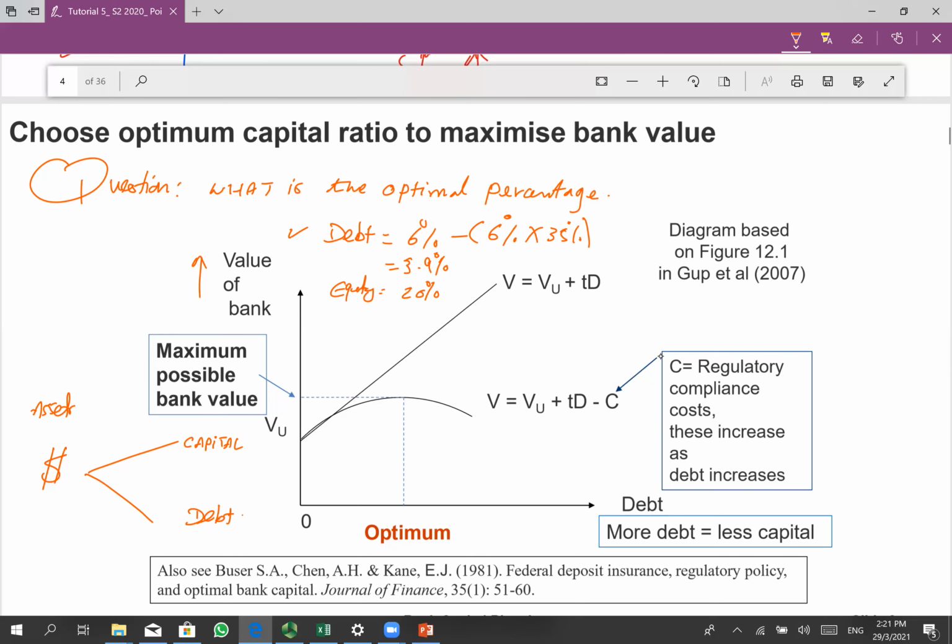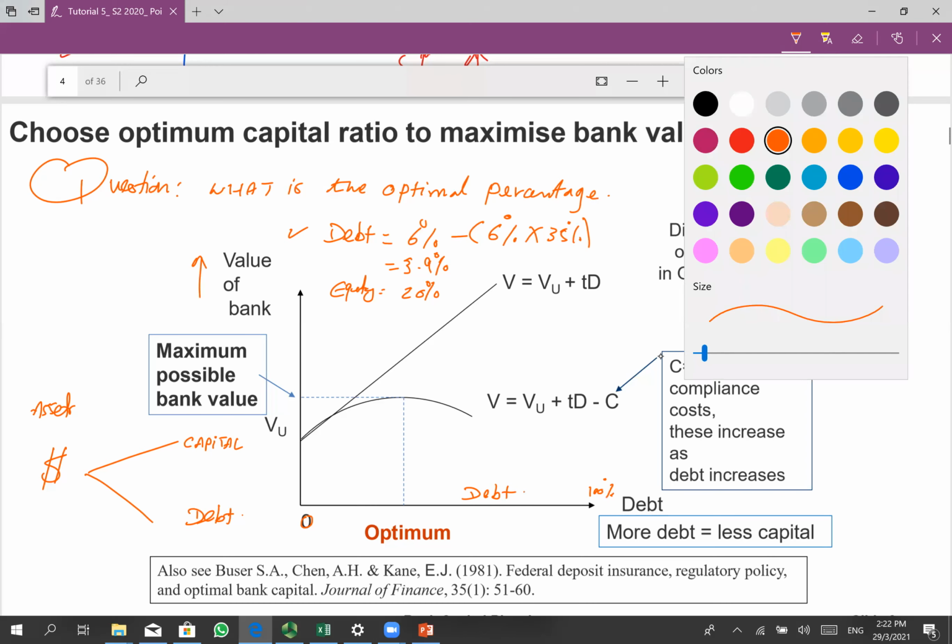Therefore, maybe it is better for me to take debt. If this is the debt line, I will go from 0 in my assets to 100%. So I will take this blue line.